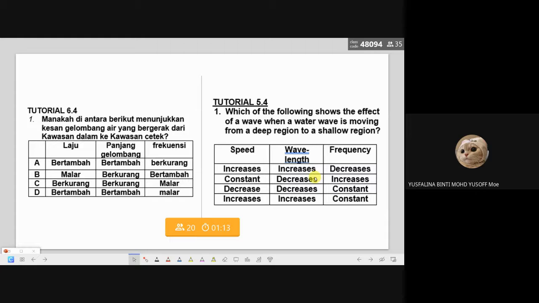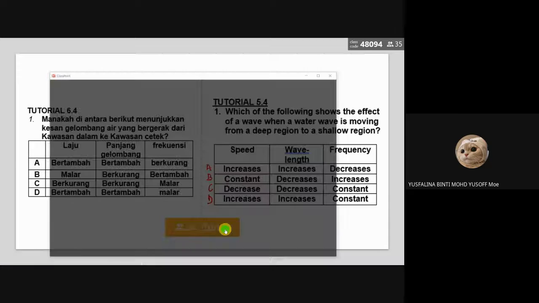How about the refraction? This is A, B, C, and D. We wait for the answer.